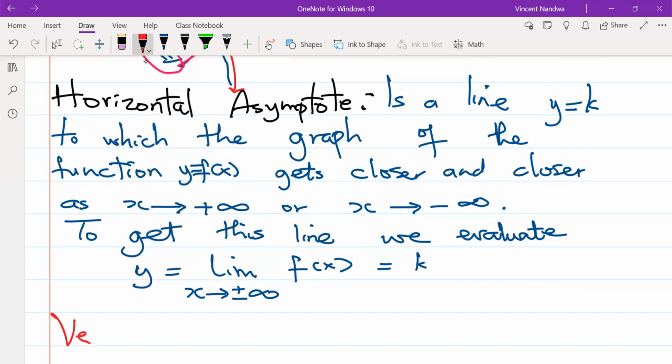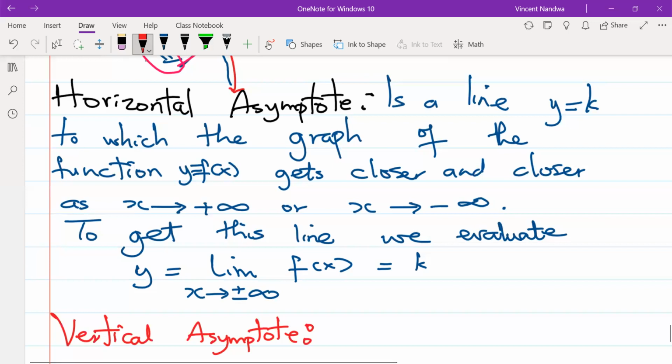So vertical asymptote. Now it's also a line to which the graph of the function gets closer and closer as x approaches that line from either the left or right hand side.